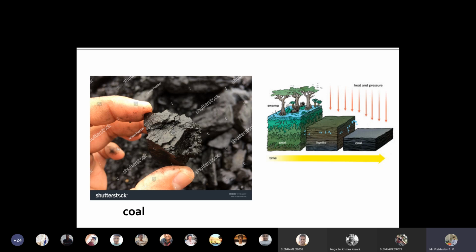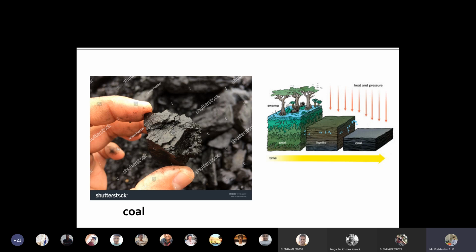Slowly, due to climatic conditions, day by day, the deposition of sand over the dead animals and plants increases. If the quantity keeps increasing on the surface, the pressure on it will also increase. So in the second picture, on the right side, you can see there are some plants, right?